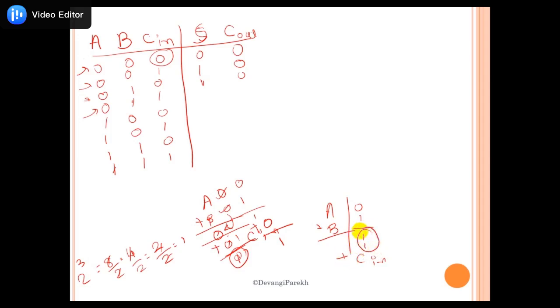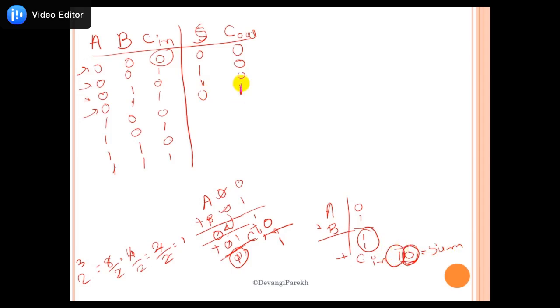So 1 plus 1 in binary will produce 10 as output. The least significant bit from this addition we are going to store as sum. So this 0 will be the sum and this 1 is the carry.